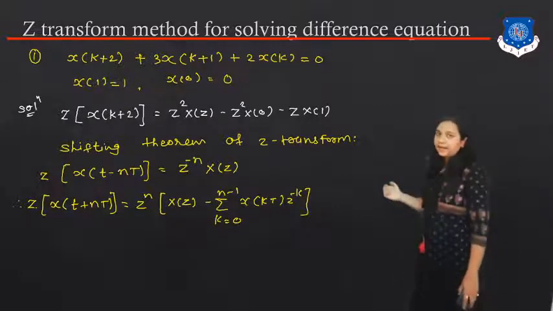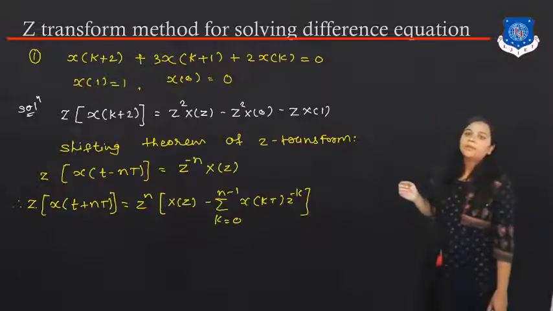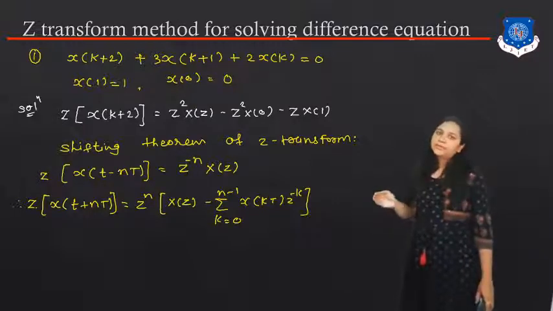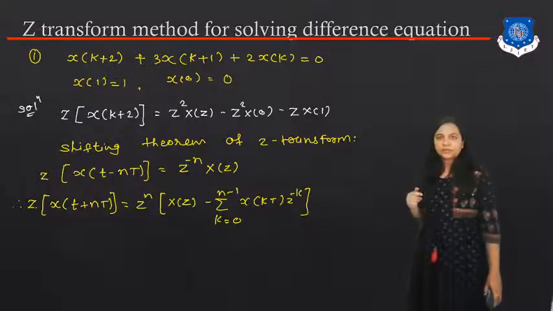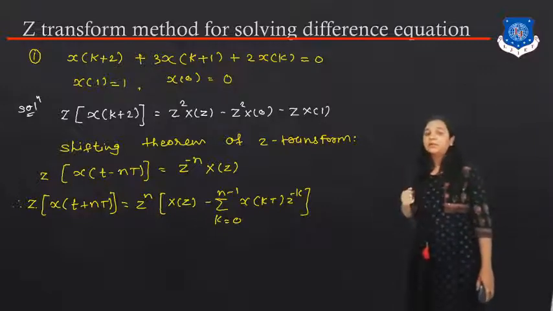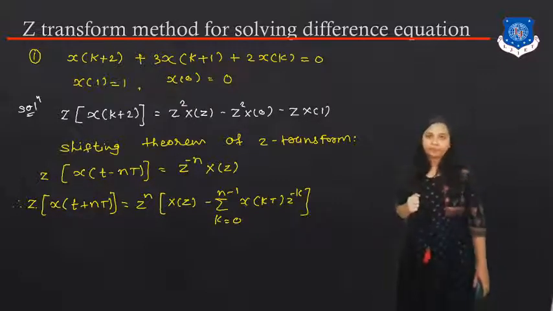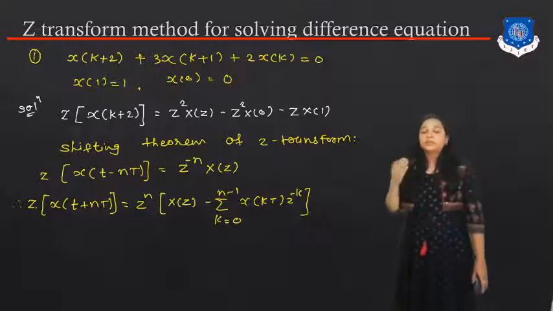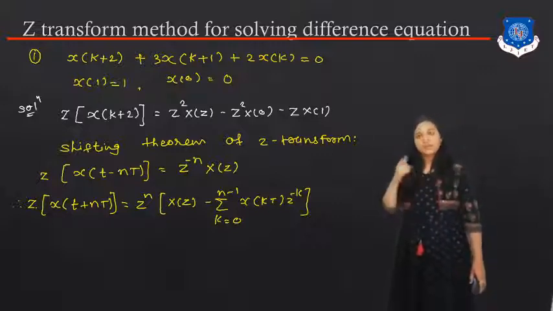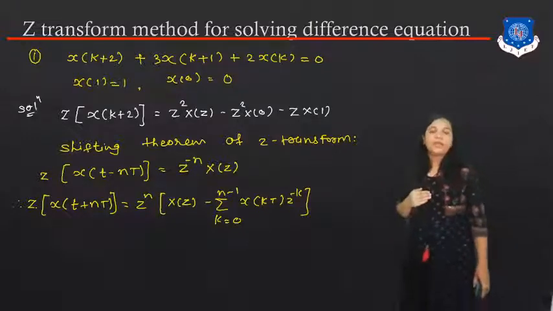It is z raised to n times X(z) minus the summation from k = 0 to n - 1 of x(kT) z raised to minus k, where T is the sampling period and t is the sampling time. Instead of t + nT, we can convert this equation into the x(k+2) form, and then find the final answer.